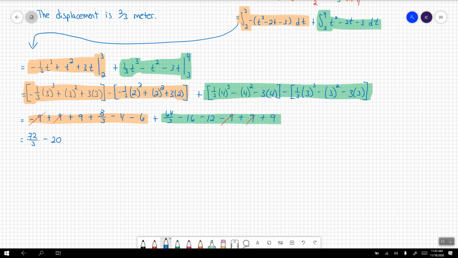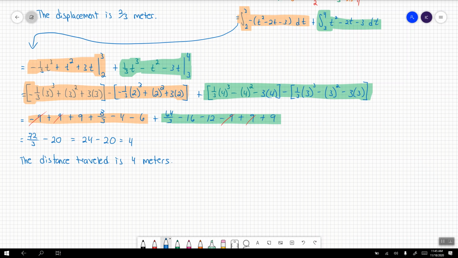Now 72 divided by 3, that gets us 24, which means we have 24 minus 20, which is just 4. Which means the distance traveled is 4 meters.